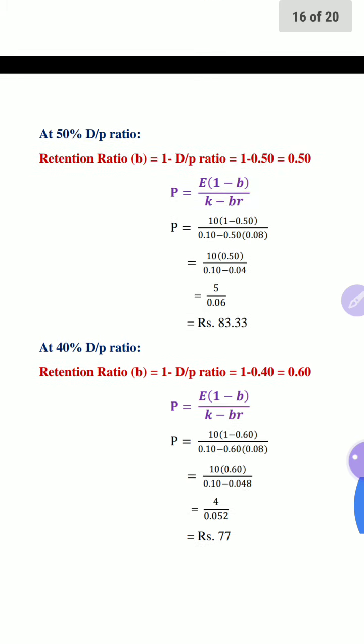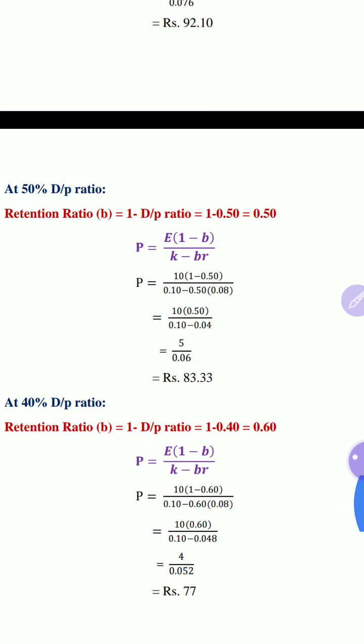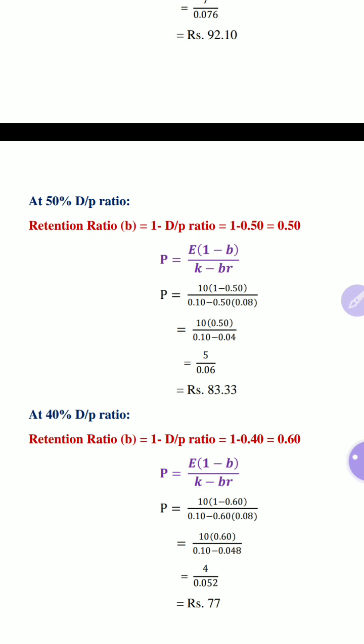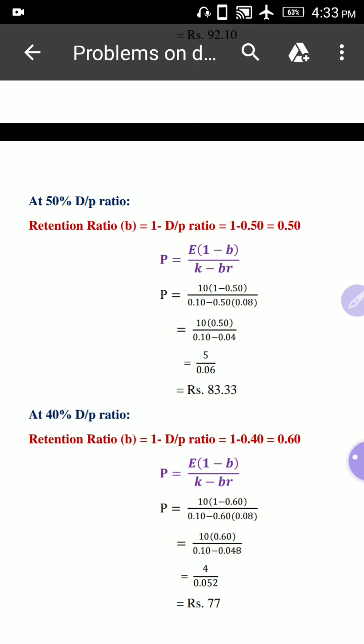Are you clear? So till now we have discussed Gordon's model in this video. In the next video I will explain the irrelevant theory, the Modigliani Miller model.